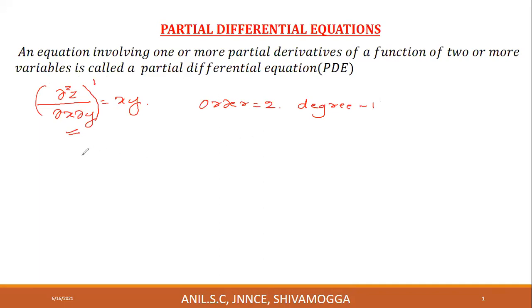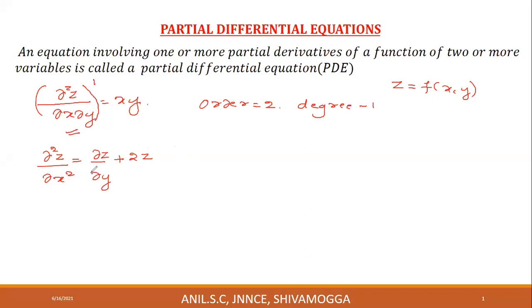Let's consider one more example. Del square z divided by del x square is equal to del z by del y plus 2z. Here z is a function of two variables x comma y. Z is equal to f of x comma y. And two derivatives are involved, del z by del y and del square z divided by del x square.